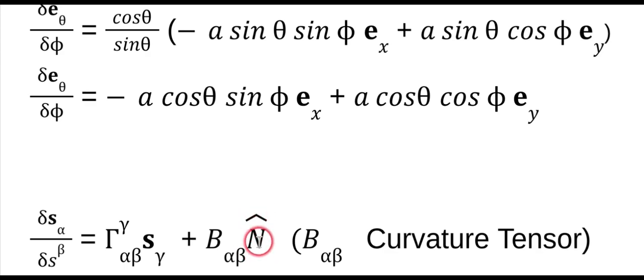And that normal component, now this is a vector also, so it needs a component to go with the normal vector. And because we have these two free indexes, they put a B here with those two free indexes, and this B alpha beta is called the curvature tensor, which by itself, later on in the playlist that I'm working on, that you're looking at, did have uses.